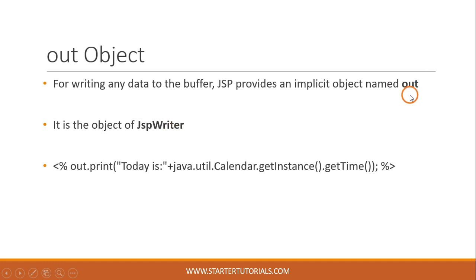How do you use this implicit object out? Like this. If you see here, you are seeing a particular kind of tag, right? You have the less than symbol followed by the percentage sign.